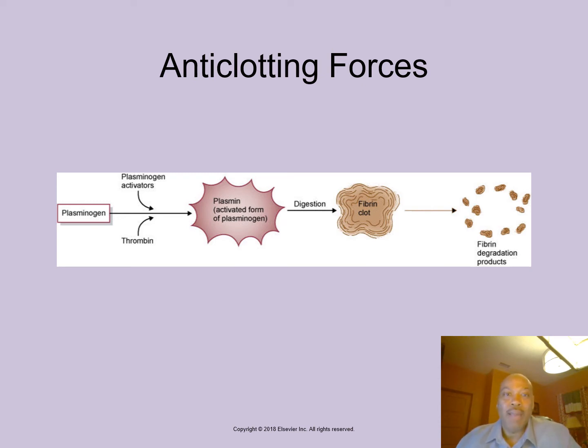So fibrinolysis is a process that dissolves fibrin clot edges with a special enzyme. And I would like for you to look at or see figure 39.5 for a visual on this process. Fibrinolysis.